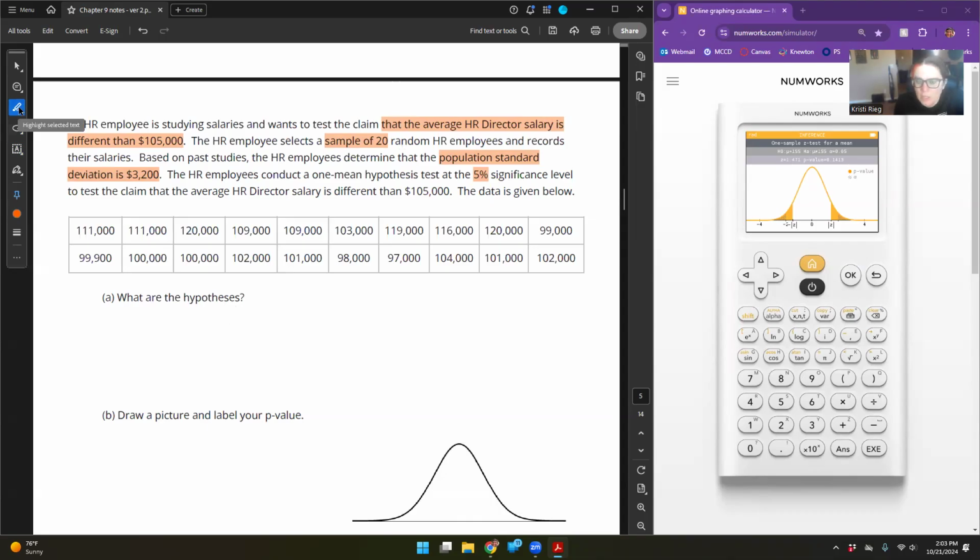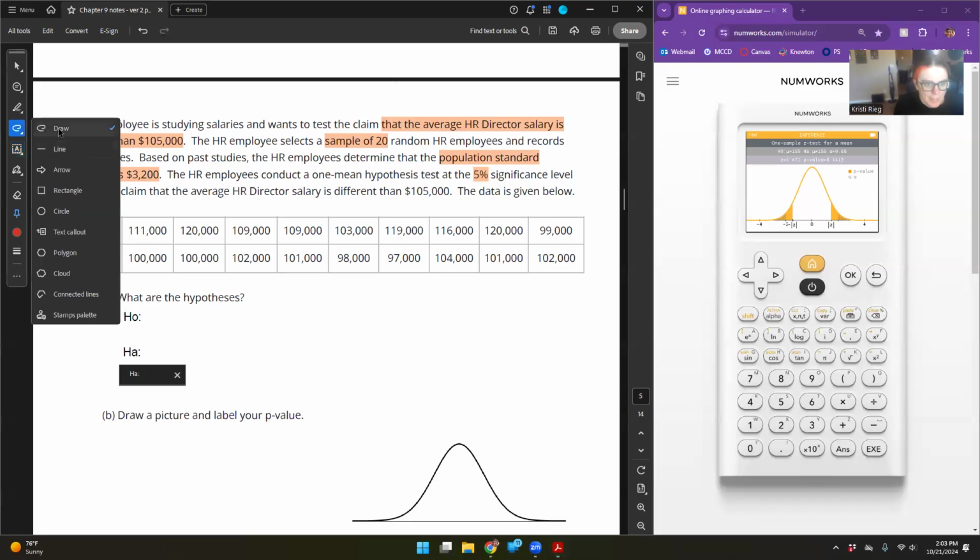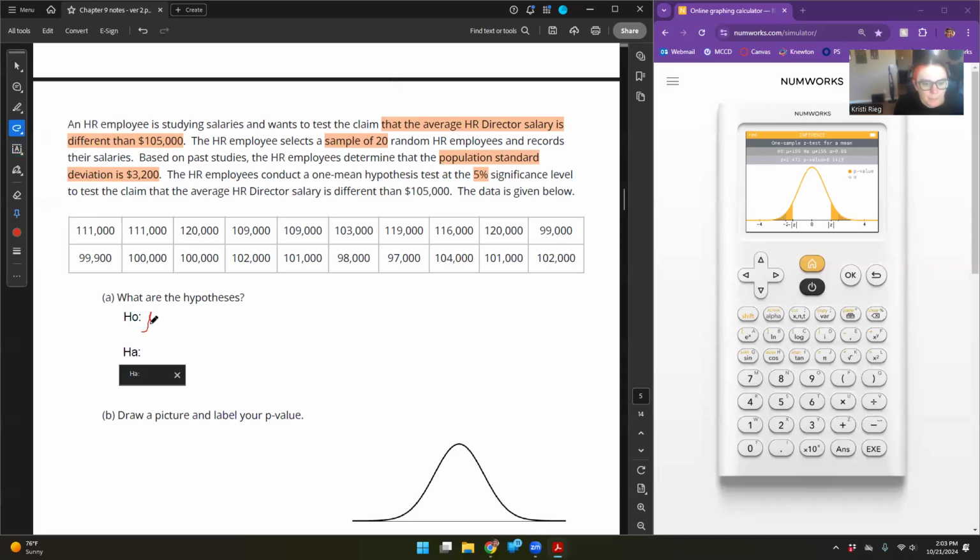So our null and alternative hypotheses. We are talking about mean, I would say for the last time, but the next section is also mean.